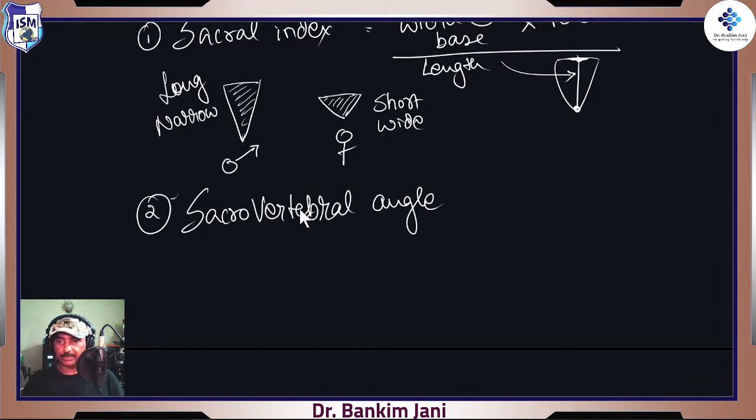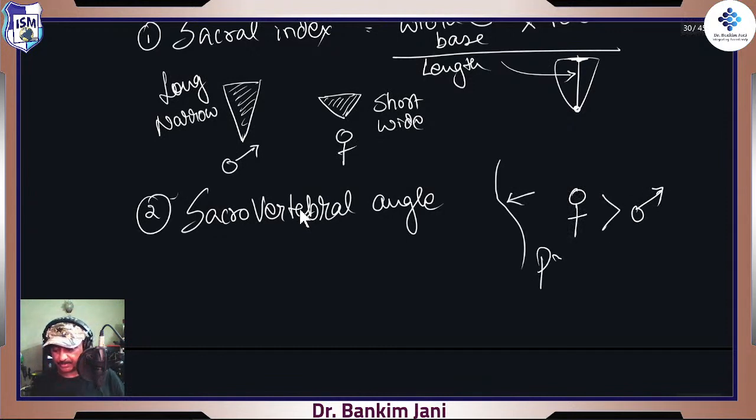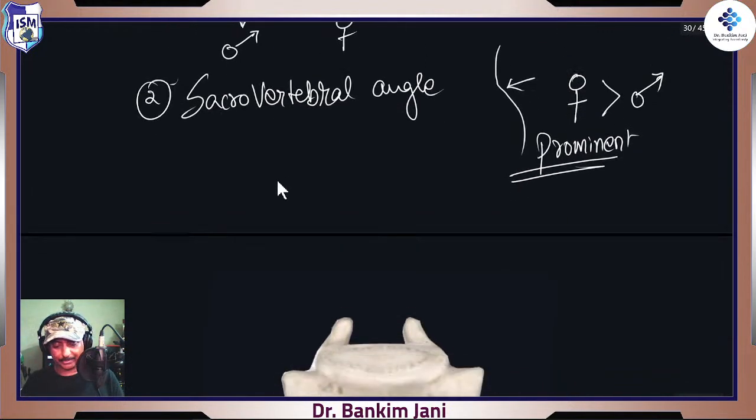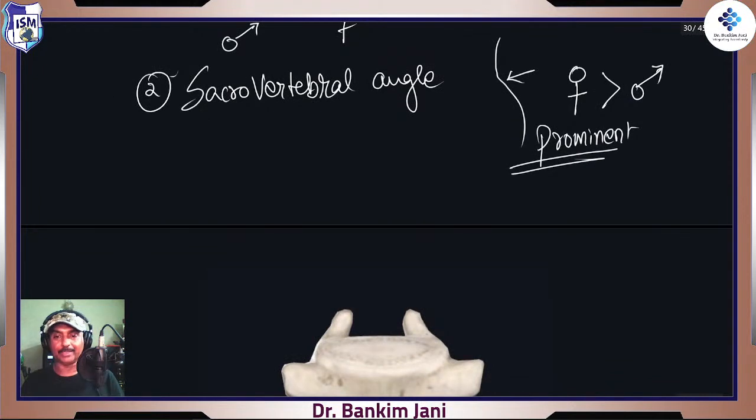If you see the curve of the female, this curve is surely more prominent in case of female as compared to male. So in case of females, this is more prominent. When you know these things, you'll understand why the female body is like female body and the male body is like male body, right?